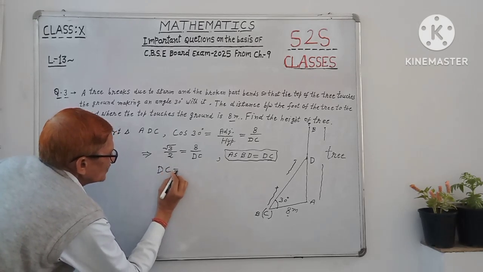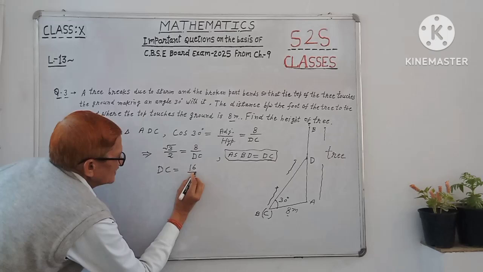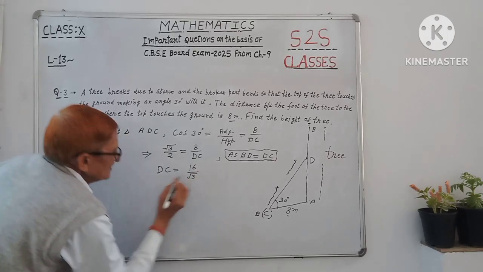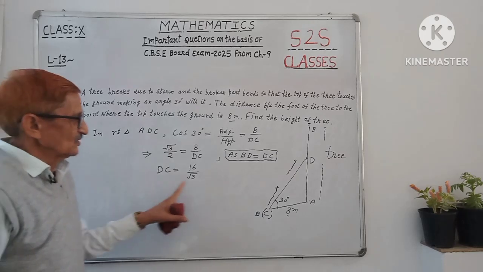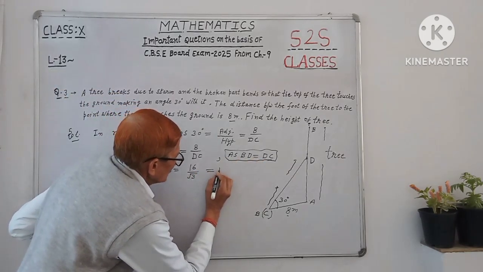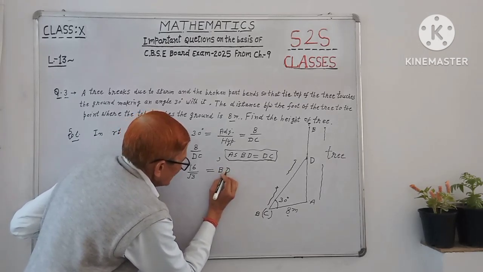DC is equal to 8 into 2, that is 16, cross multiply, upon root 3. Okay son? Then DC is equal to BD. So this is equal to BD, we can say. This is the important point. Okay.